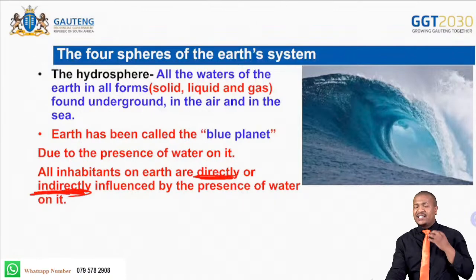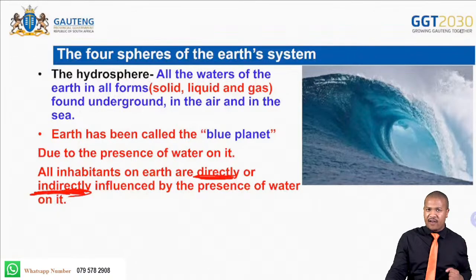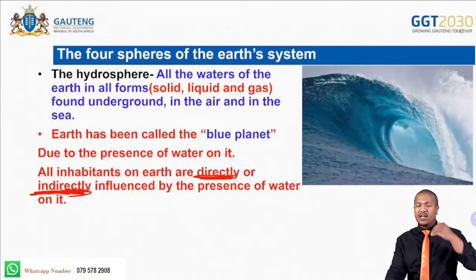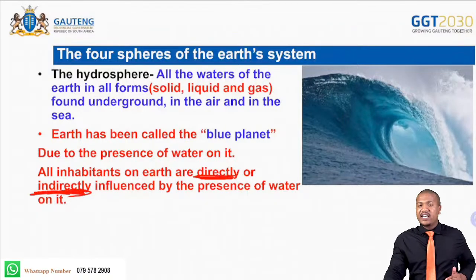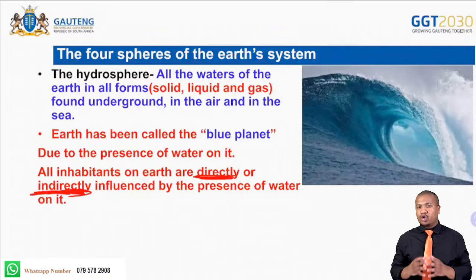By directly dependent, we're talking of animals that live in water. They need water to survive and as habitat. Indirectly, that is you and I. We do not necessarily need to live in water to survive, but we need water for drinking, to keep us hydrated, to carry out certain metabolisms in our body, as well as to clean and do whatever we need to do with the water to survive.